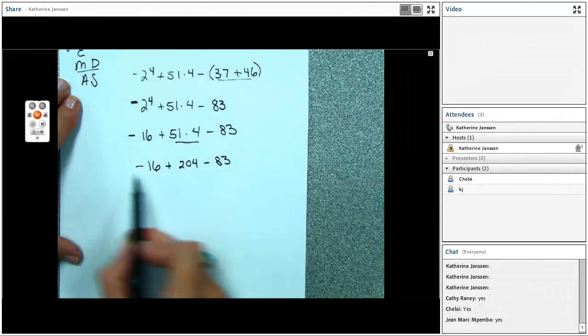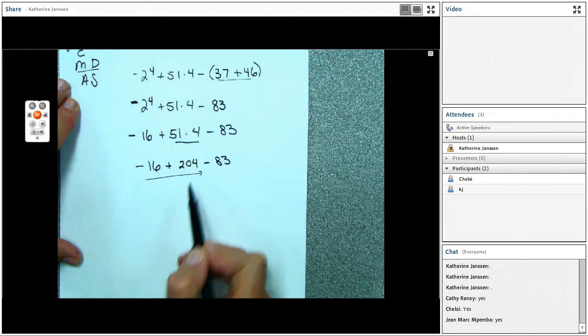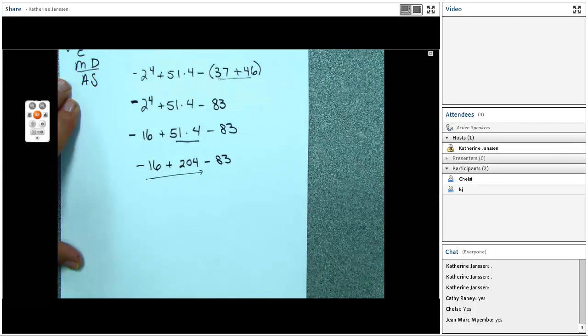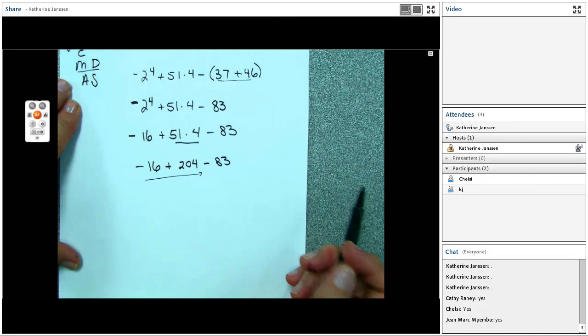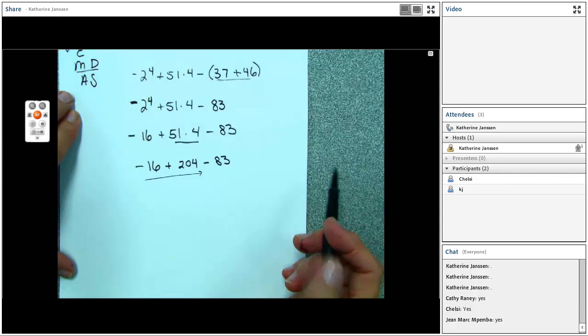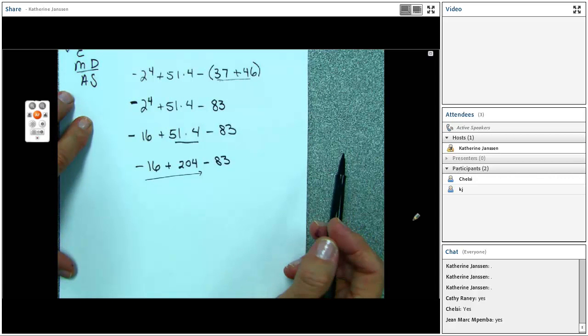Addition and subtraction from left to right. I have a question. Yes. How do you make this 16? Shouldn't it be a positive 16 considering you're multiplying negative 8 by negative 2?